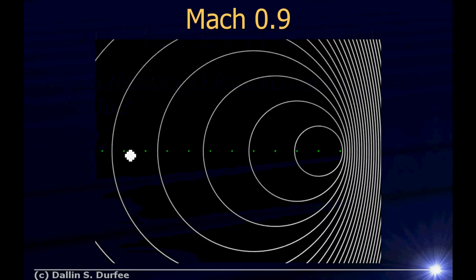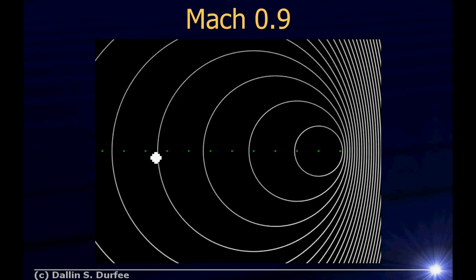Imagine, so this is my plane. It's traveling along. Each of these dots represents a moment in time. So each of these circles was emitted, it's centered on one of these dots, right? This circle hasn't quite come out yet. This circle is a wavefront that was emitted when the plane was here. This circle right here was a wavefront emitted when the plane was here. This circle right here was emitted when the plane was here, and so forth, right?